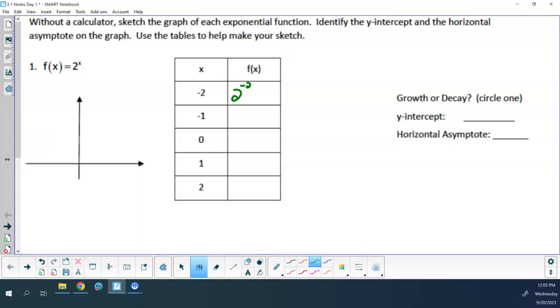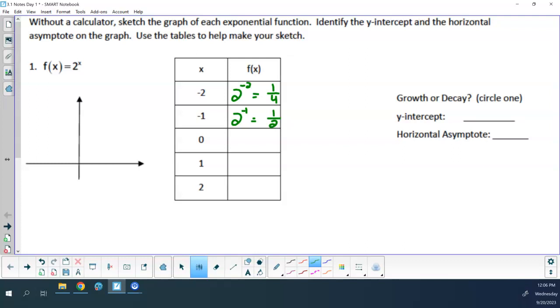No. So I flip it over, and then I do the math. So 2 flips over to 1/2, and 1/2 squared becomes 1/4. So this is the point -2, 1/4. If I plug in -1, I get 2 to the -1 power, which would be 1/2.